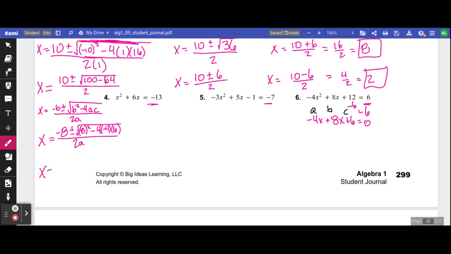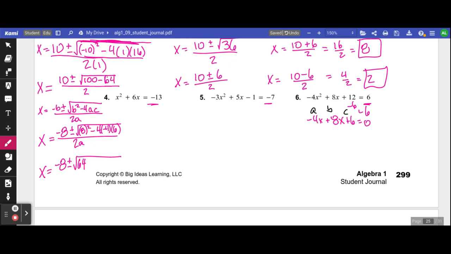All right, x equals negative 8 plus or minus the square root of 64, and then negative 4 times 6. Got to think this way. So negative 4 times negative 4 is positive 16, times 6.